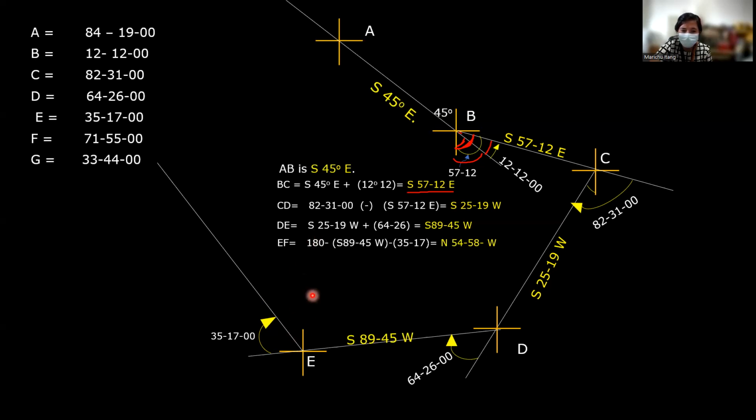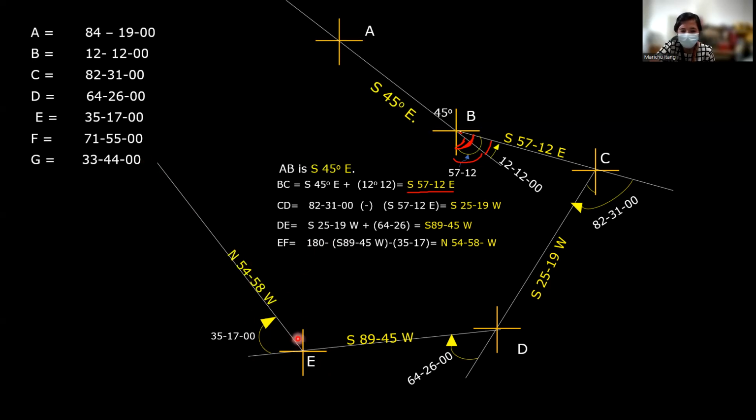So 180 degrees minus this is 89.45 minus 13.517. So the angle here is equivalent to north 54 degrees 58 minutes west. So this is now the bearing of our E to the next point, which is point F.